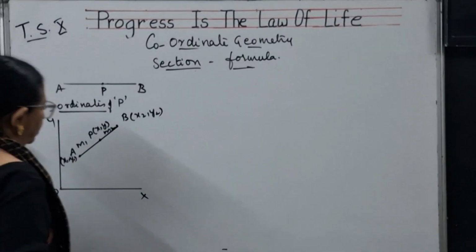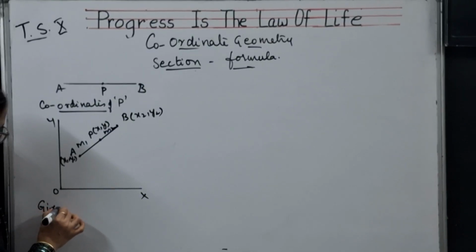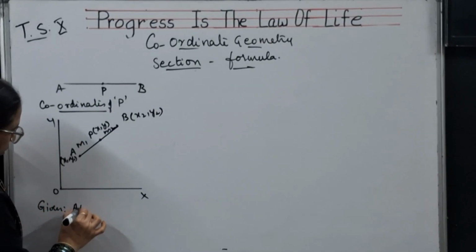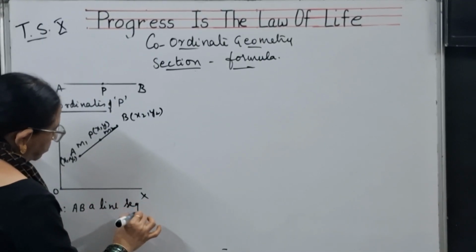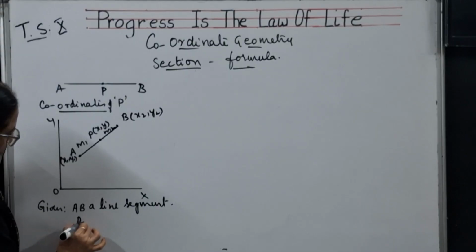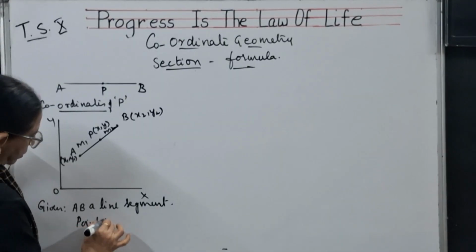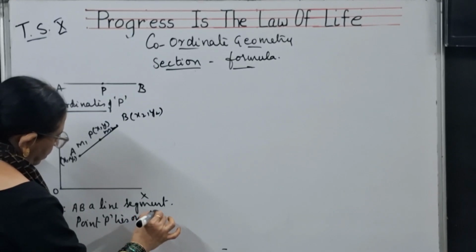So here, what is given to you? You have got AB, a line segment. Point P lies on AB.